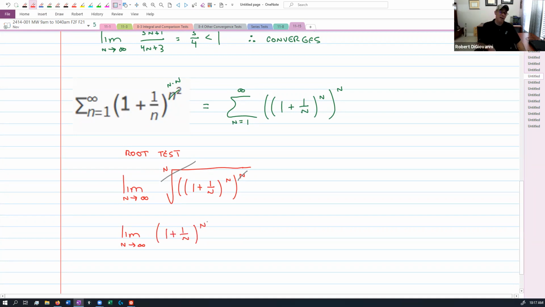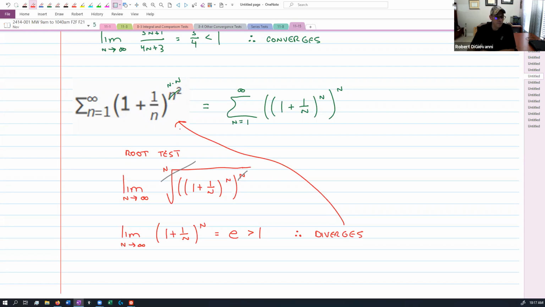And we should recognize that because we just did that a second ago, right? That's e, which is bigger than 1. Therefore, we have divergence. That series diverges. So that's the root test, all right? Are there any questions? No?